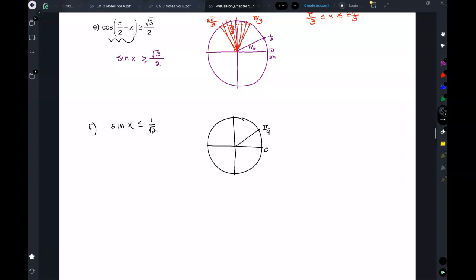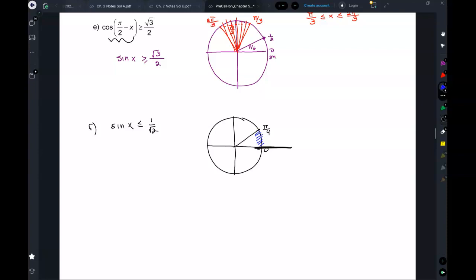Now, what about from 0 to pi over 4? Is it less than or greater than? Less than. So is that a region that I want? Yes. With this, the direction is you always start at 0 and then you go all the way around to 2 pi.